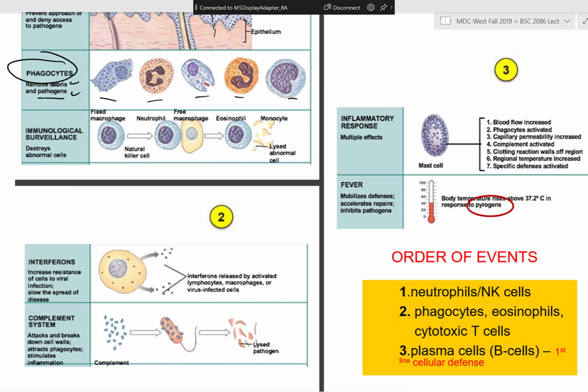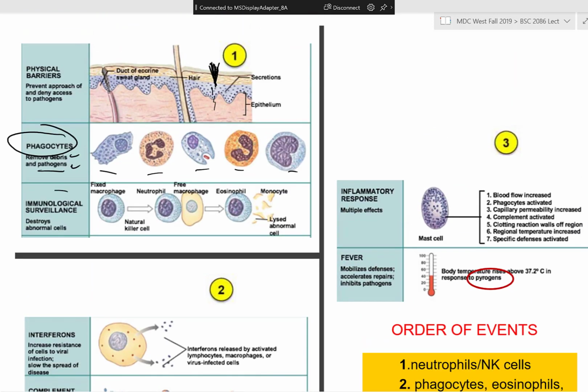So the next one is immunological surveillance cells. And who are the immunological surveillance cells? Your NK cells, which are non-specific defense. What do they do? They just bind to what? They bind to a cell that has been attacked by an antigen or is presenting an antigen, and it destroys any abnormal cells.